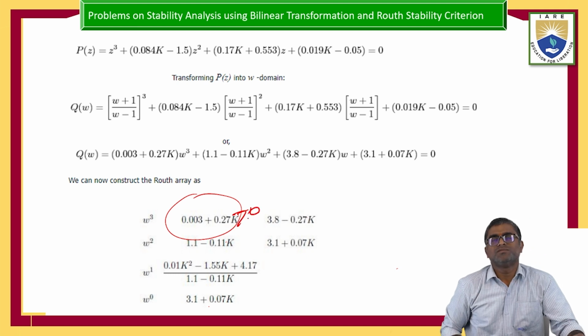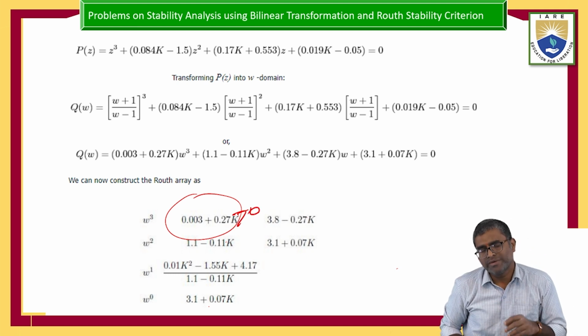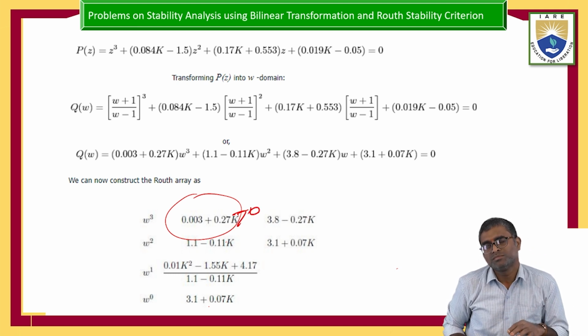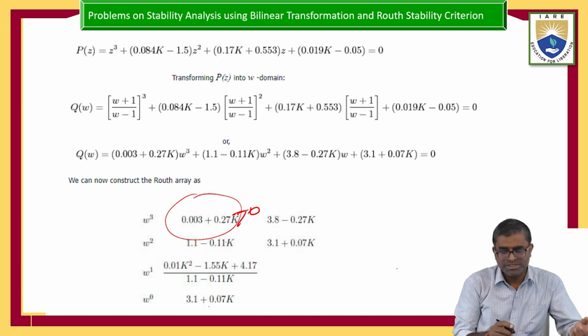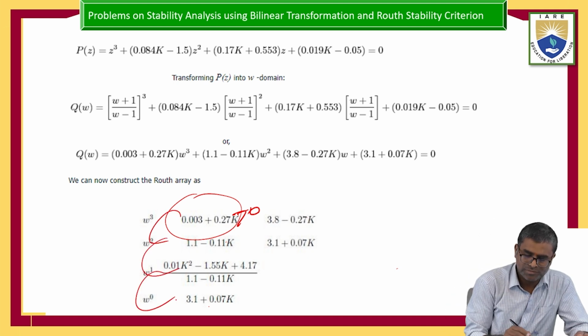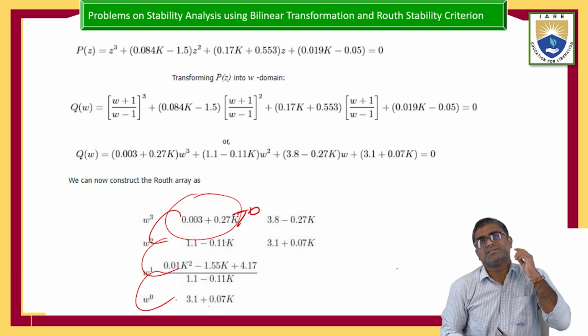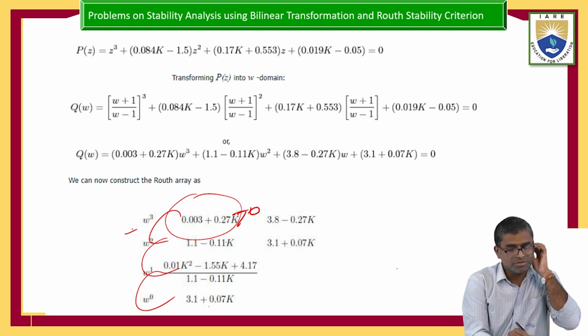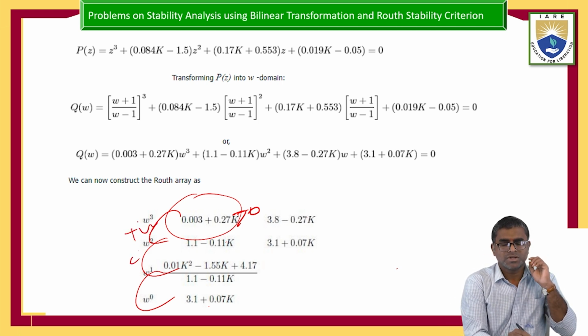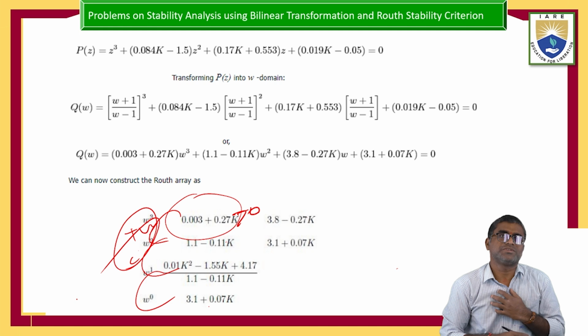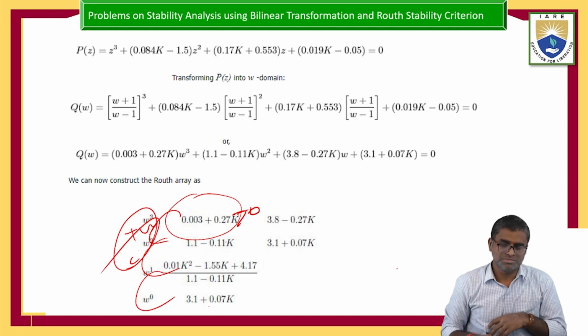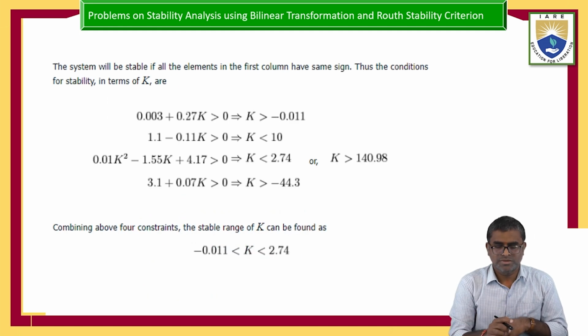All, because they given the system is stable. When the system is stable, all first column elements are the same sign. If it is positive or negative, anything, all signs are the same. So I am taking it as positive. That's why it is greater than 0.